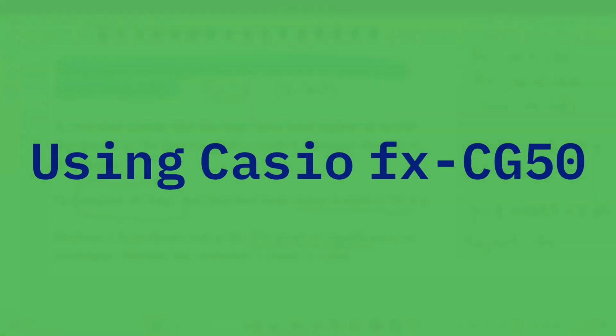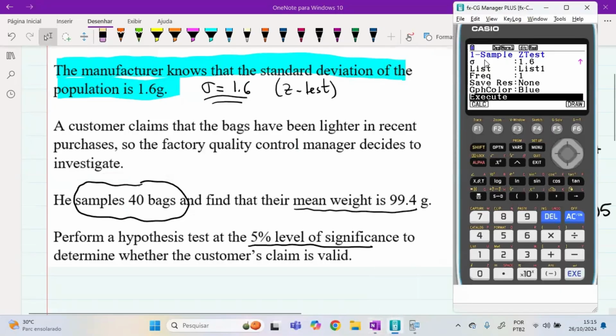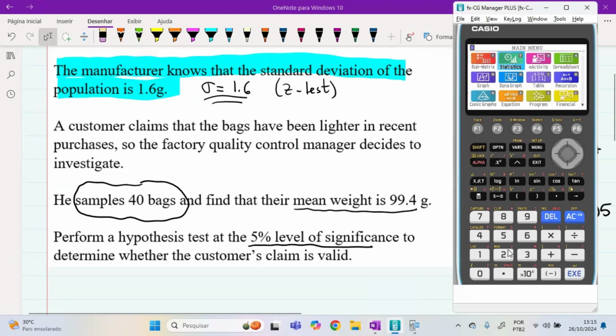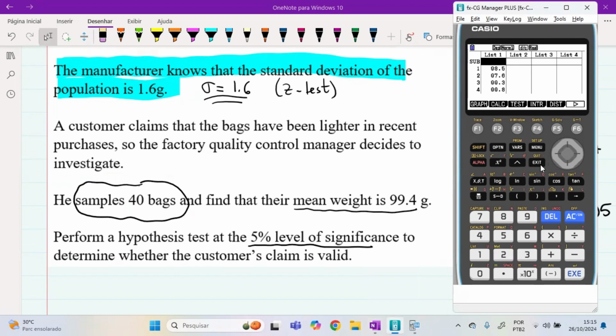For the first one, we would go to the calculator and choose in menu statistics, and then go to the lists. Suppose we don't have the information in the lists at first. If we're solving the first problem, we go to tests, choose z-test, and then one sample, and then we choose Var, because now we are inserting information.